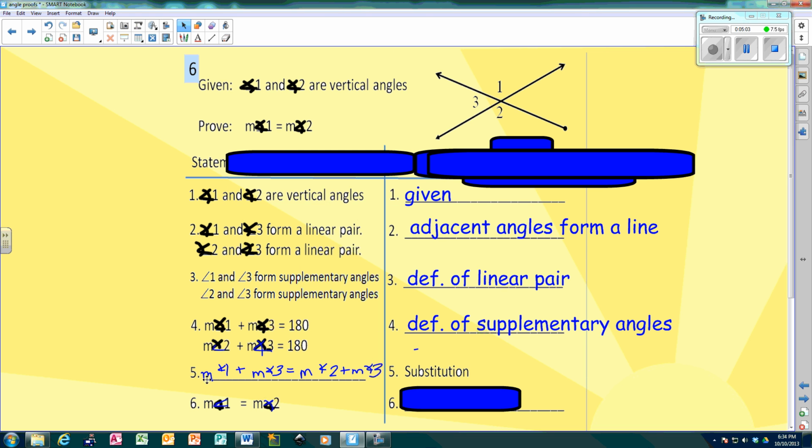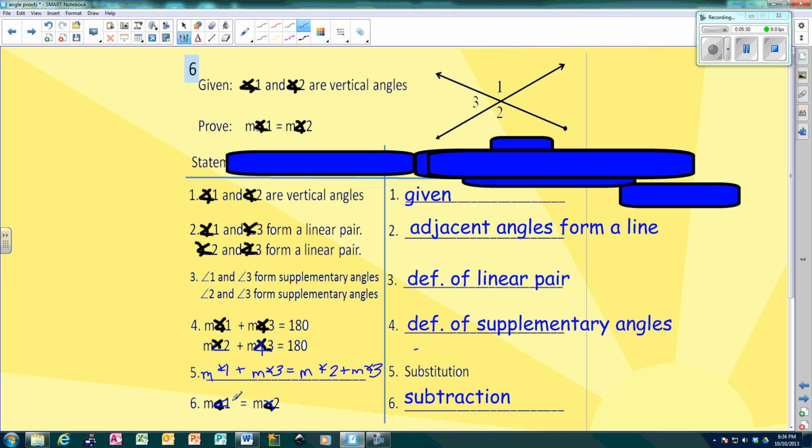So angle 1 plus angle 3 equals angle 2 plus angle 3 by substitution. So I'm going to drop the 180 and replace it with that. Now, if 1 plus 3 equals 2 plus 3, what would happen if I subtracted the 3's? I would just have angle 1 and angle 2 by subtraction. So angle 1 equals angle 2.